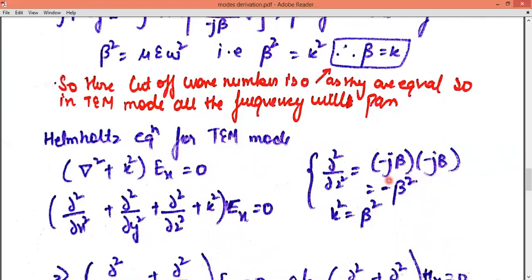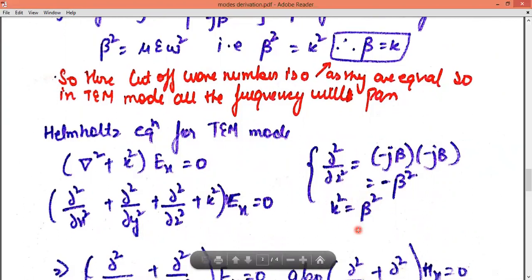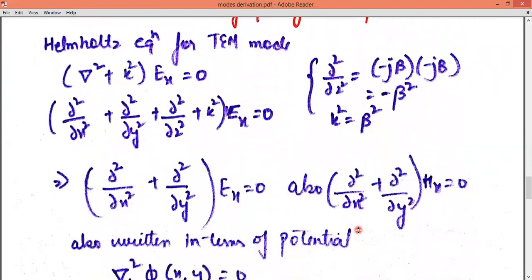If we combine this, we get −β². Mostly I say b, it's beta. So ultimately we are getting k² equals β². Remember, in TEM mode we are getting the x components of the transverse fields, basically Ex and Hx.